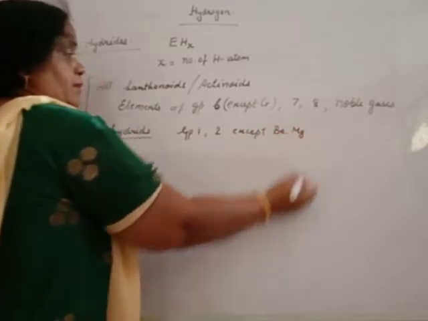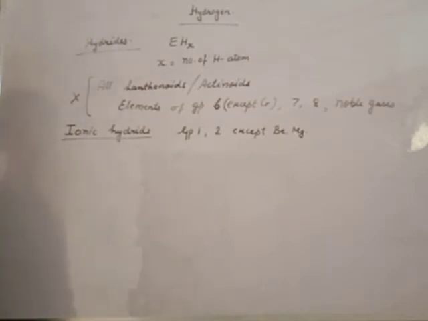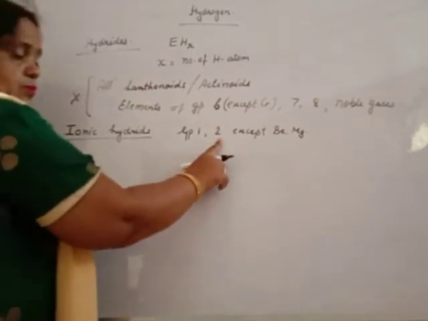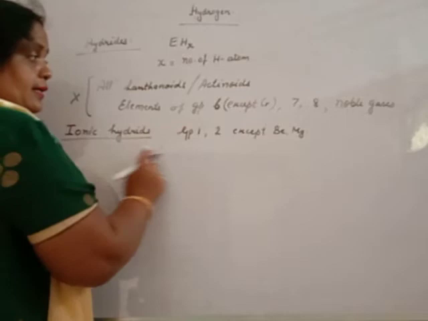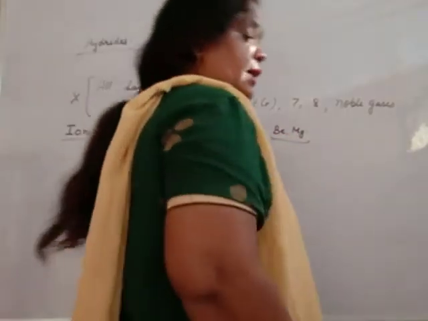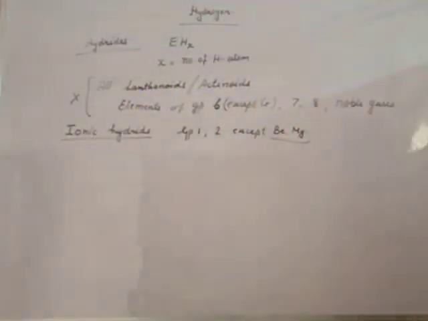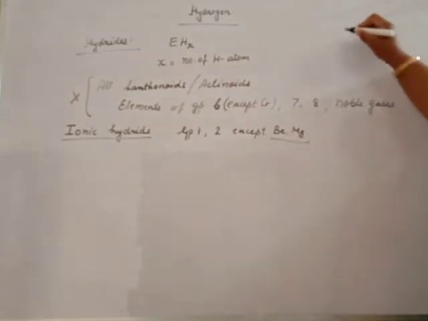Except beryllium and magnesium, all other elements of group 2 form ionic hydrides. Beta, these two do form hydrides, but the nature of these hydrides is covalent. Beryllium and magnesium form covalent hydrides.